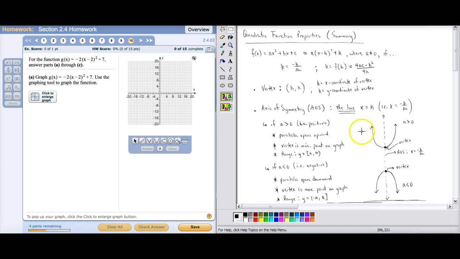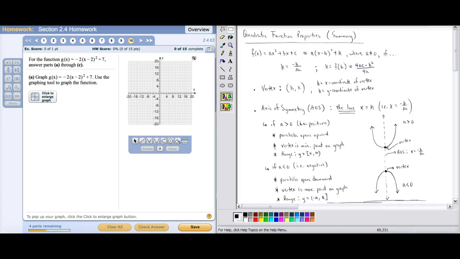We also see that if a, our leading coefficient, which is the same a that's here, is positive, then the parabola opens up like this, the vertex is a minimum point on the graph, and the range goes from the y coordinate of the vertex up to infinity. Similarly, if our value for a is negative, then our parabola opens downward.